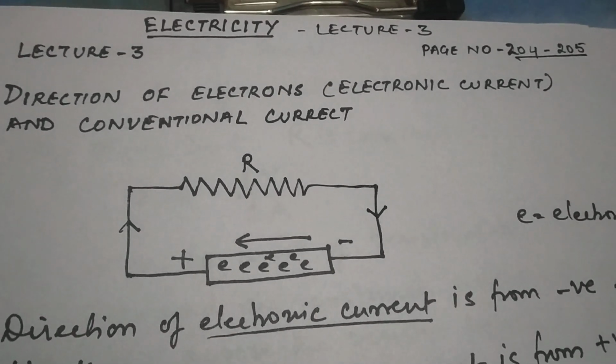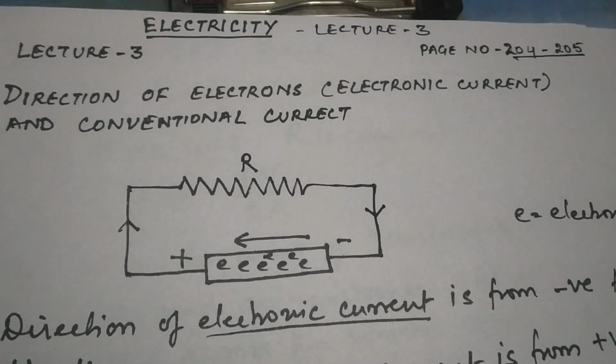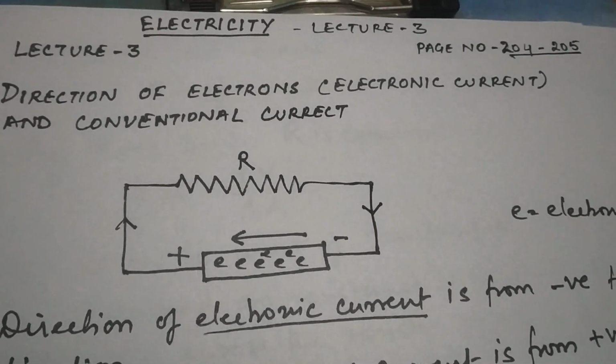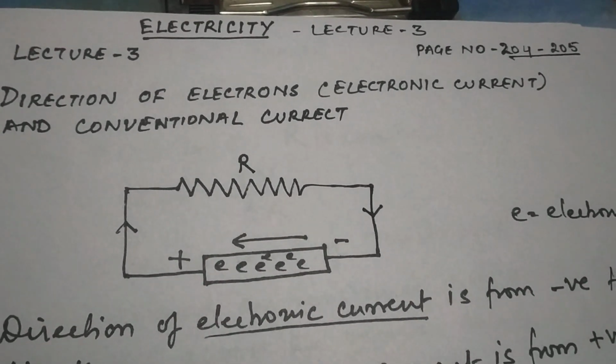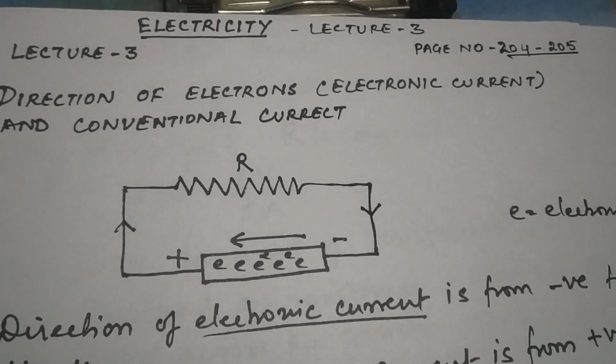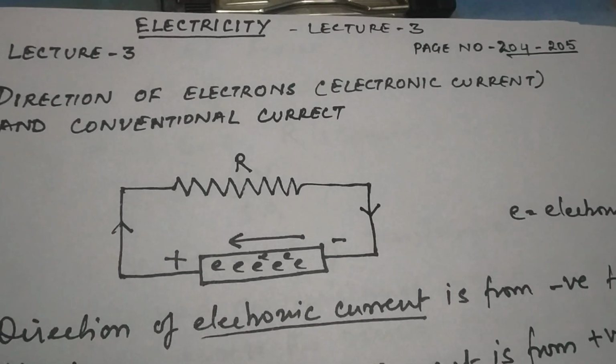Today, we want to discuss basically three topics. One is the direction of electrons and the conventional current.